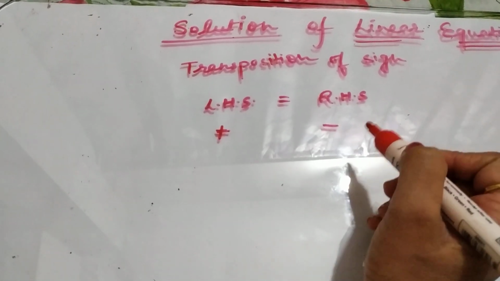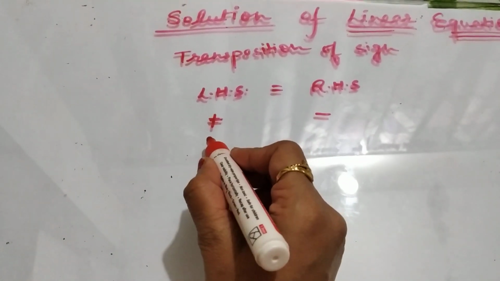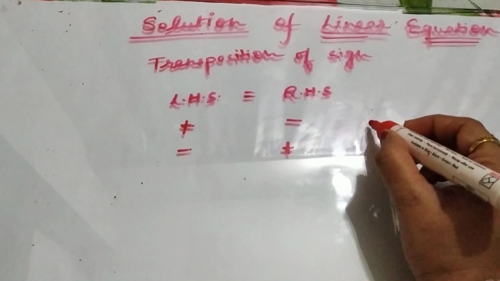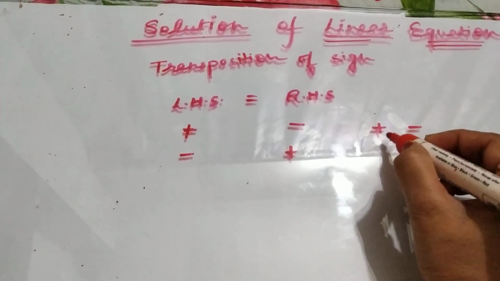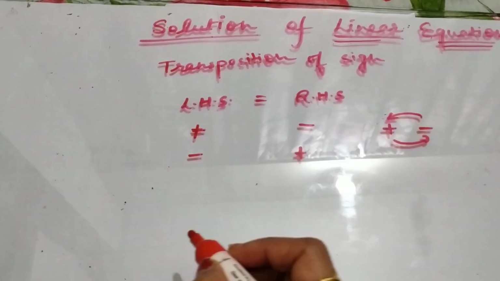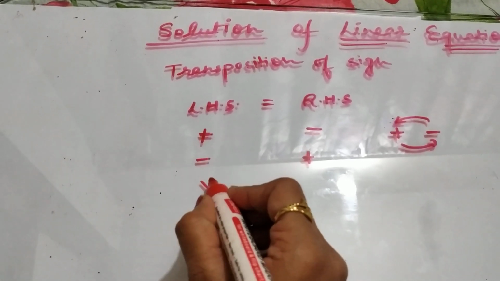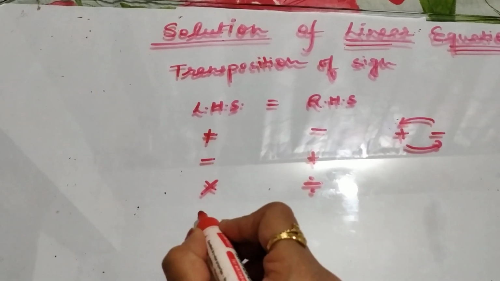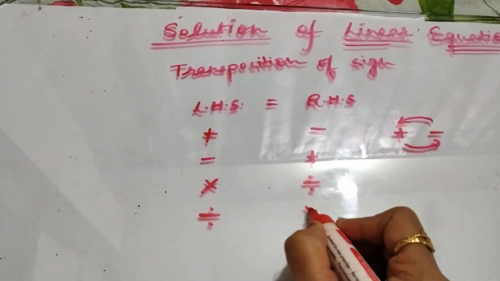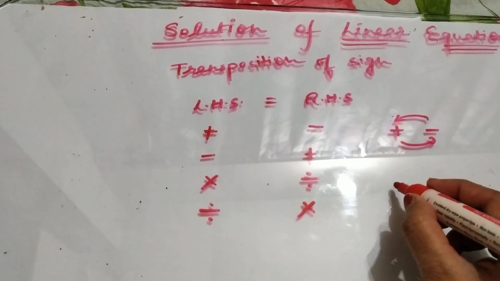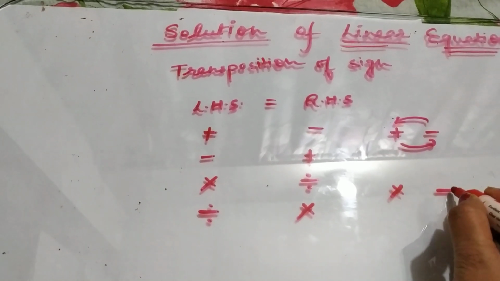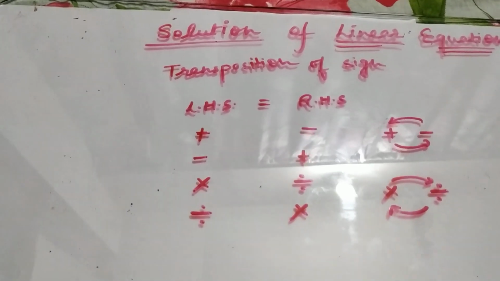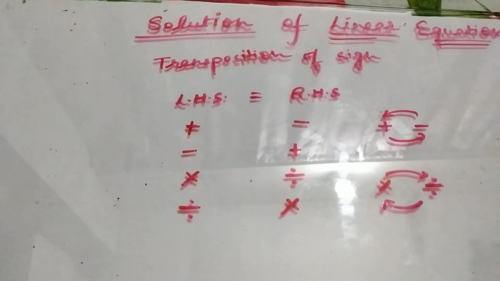Addition becomes subtraction, and subtraction becomes addition. That means in transposition, plus and minus interchange with each other, right? If a number is in multiplication form, it will change to division, and if a number is in division form, it will change to multiplication. I hope it is clear and easy also.